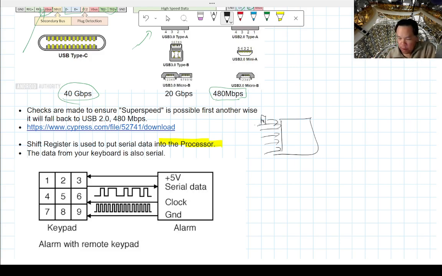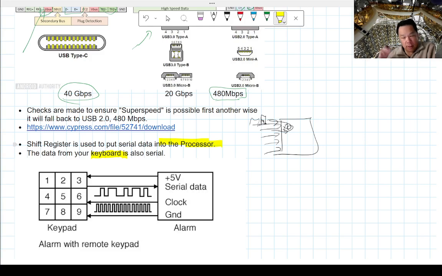So you have a serial to parallel converter right inside your processor, so that when the data comes in one bit at a time, it can stack those together, and then it can do this combinatoric process in there.